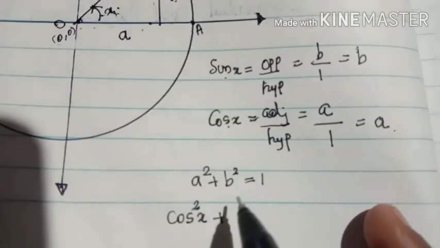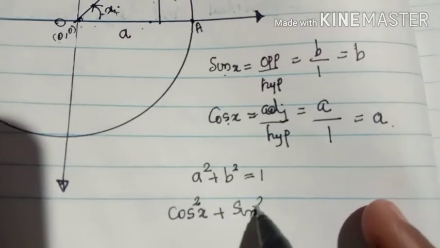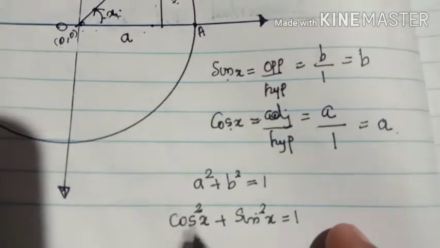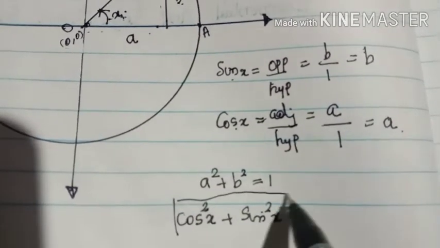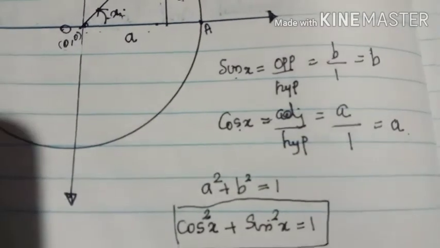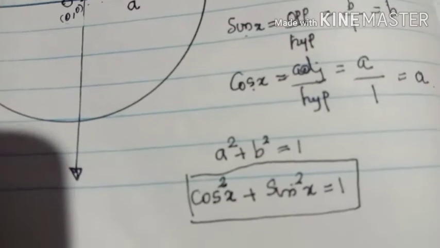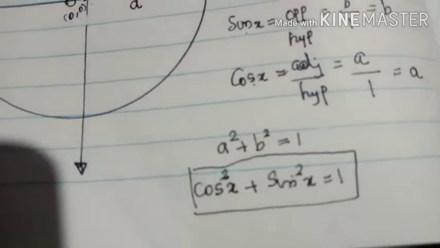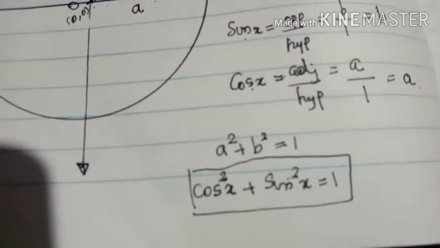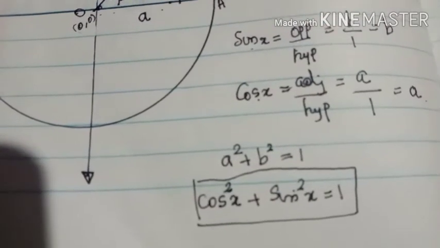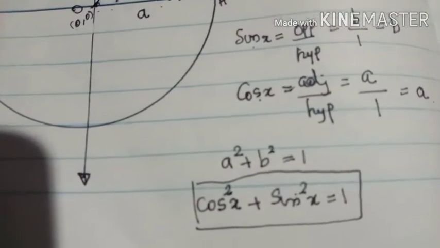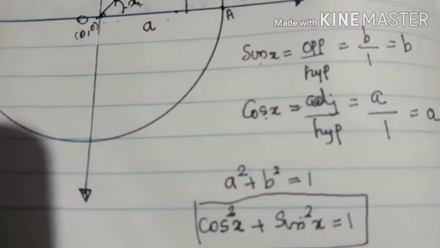B is sin x. So B square is sin square x, equals 1, or sin square x plus cos square x equals 1. This is one of the trigonometric identities that we learned in class 10. Do you remember? Okay. So one of the identities, by heart: sin square x plus cos square x.